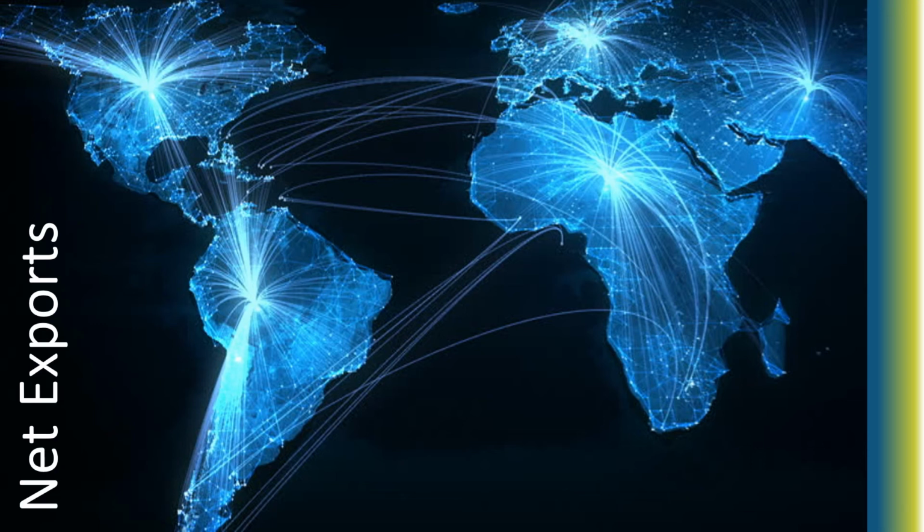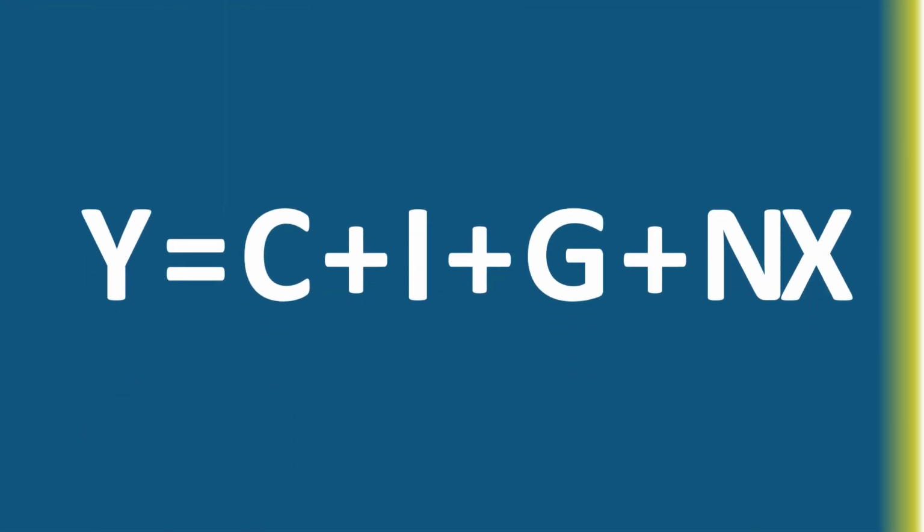So net exports is kind of our fourth component here. It is exports minus imports. Exports are domestically produced but sold abroad. Imports are produced abroad and sold domestically. If you take these four components, consumption, investment, government expenditures, and net exports, we can abbreviate these with C, consumption, I, investment, G, government expenditure, plus NX, net exports.